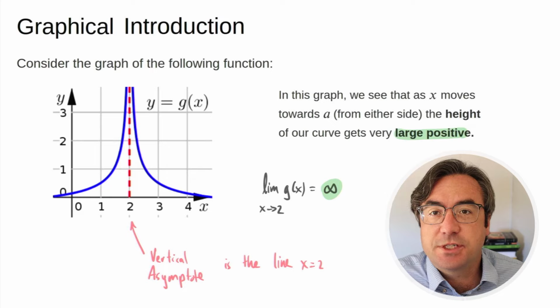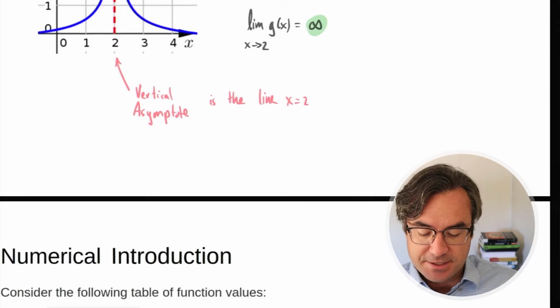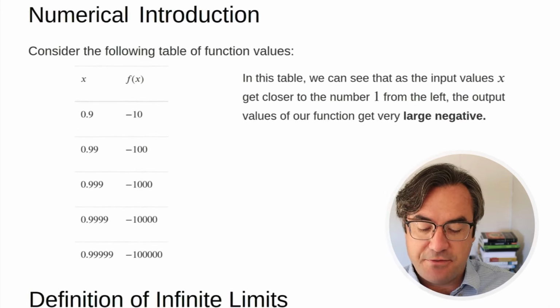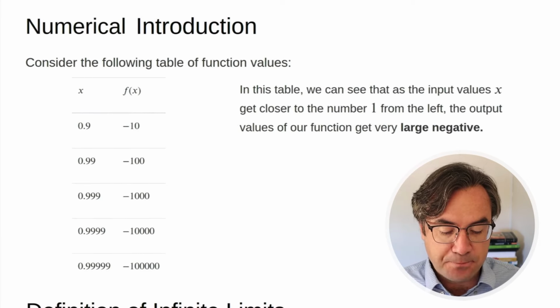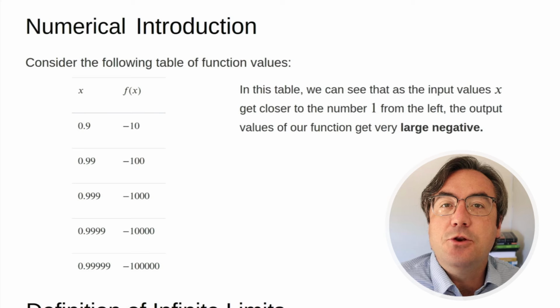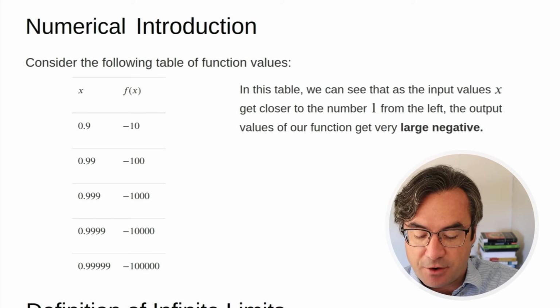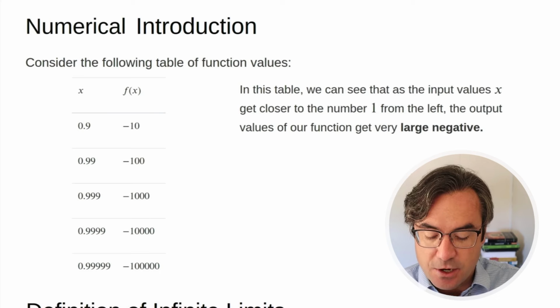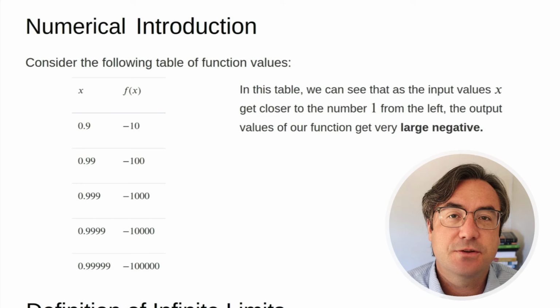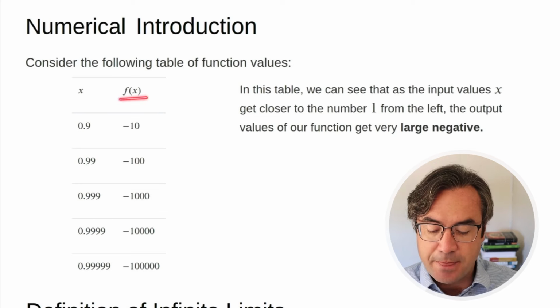Now, we've also seen this numerically. Let's recall what an infinite limit would look like numerically. When we numerically calculate a limit, we do our table. We have our input values x and the output values of our function, f of x.